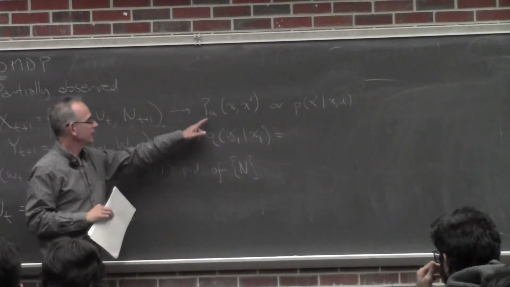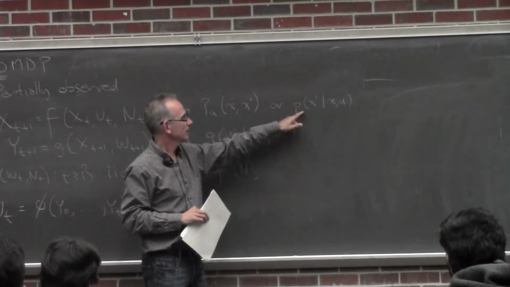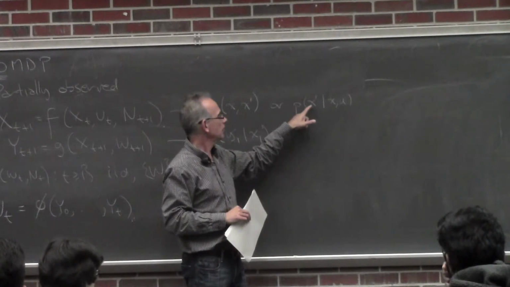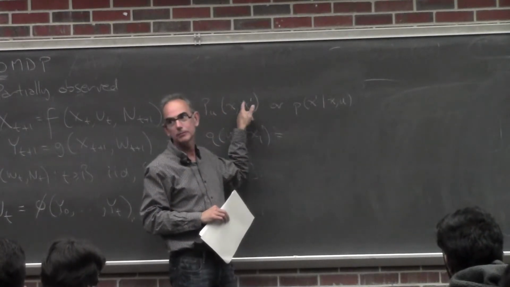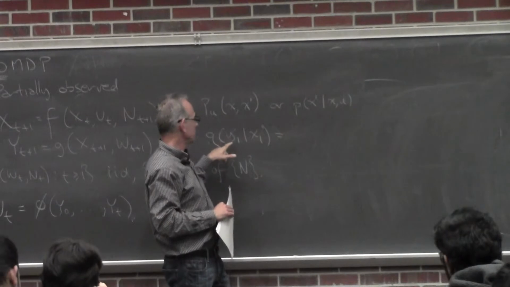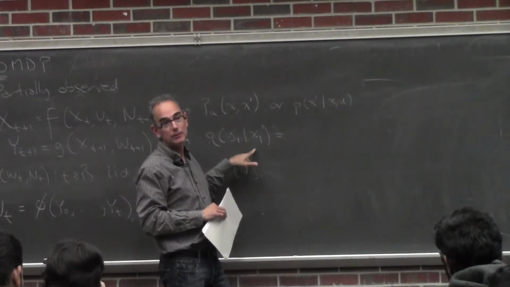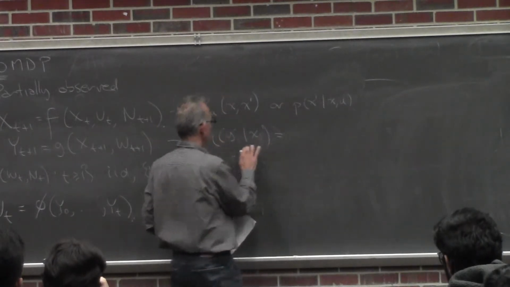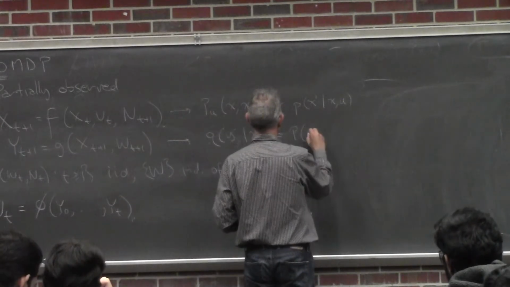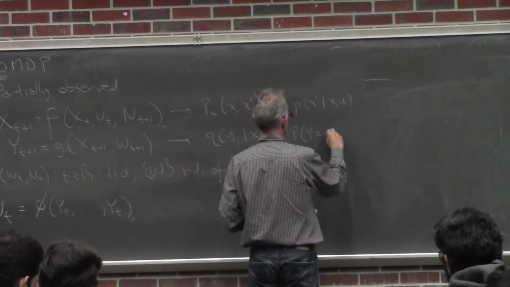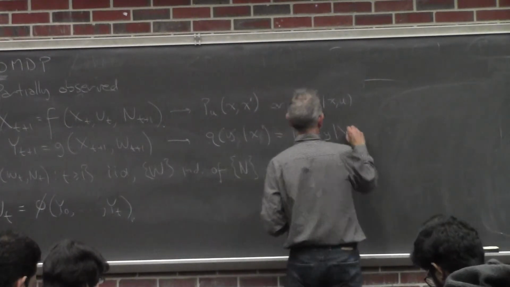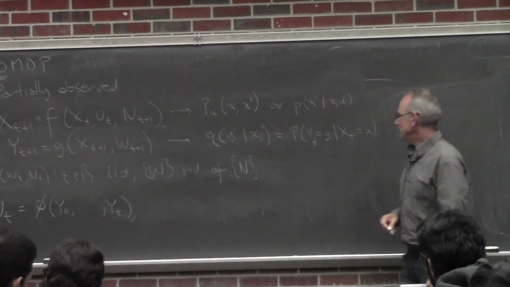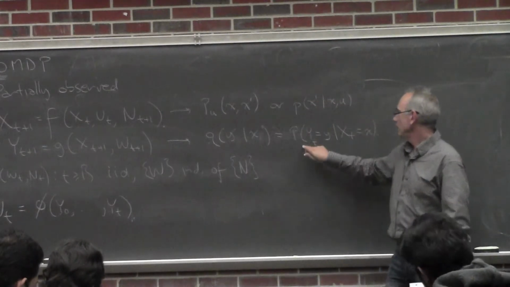There's a little p here, which is nice because it emphasizes I've got a probability mass function, the probability of x prime given x and u, just like this. And this is the probability of observing y prime given the state is x prime. Sorry, I didn't mean 1. So we had this thing already, and then we've got this thing here.